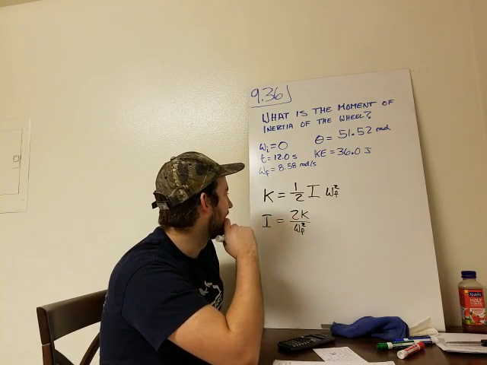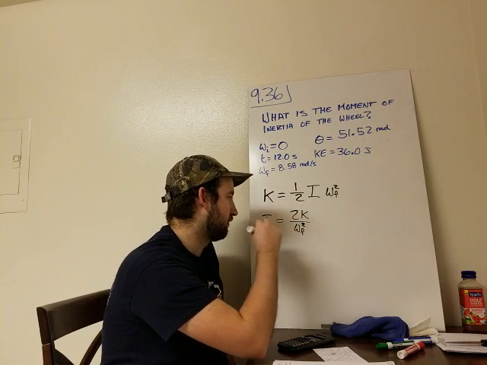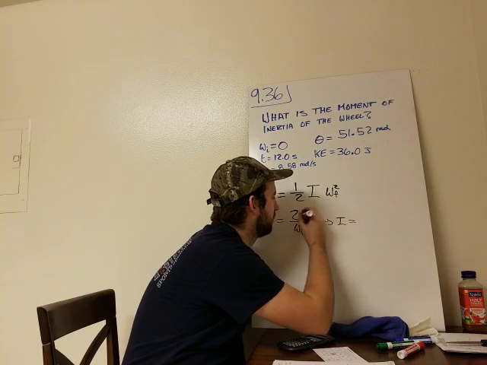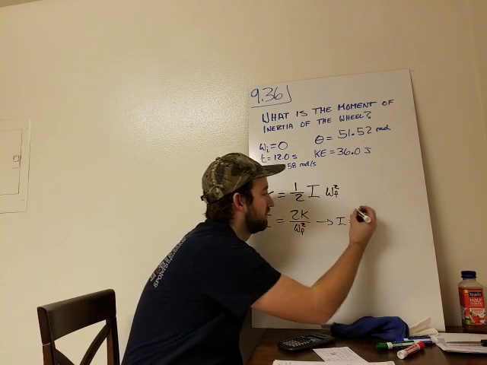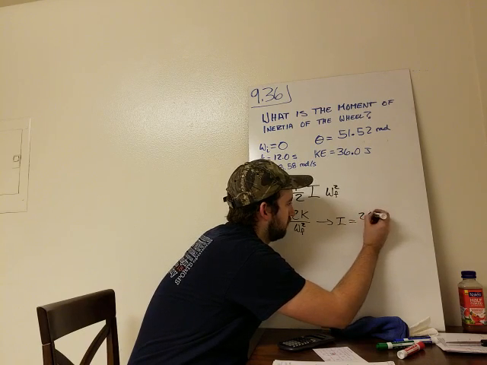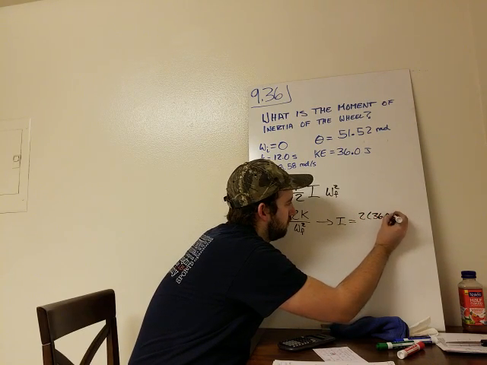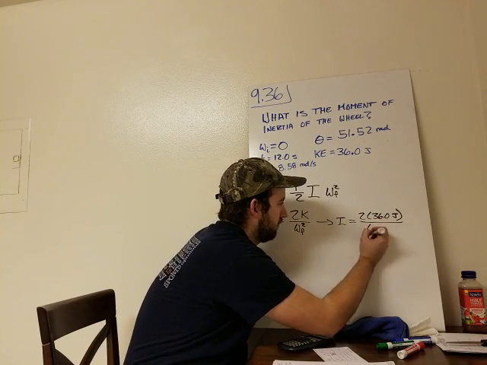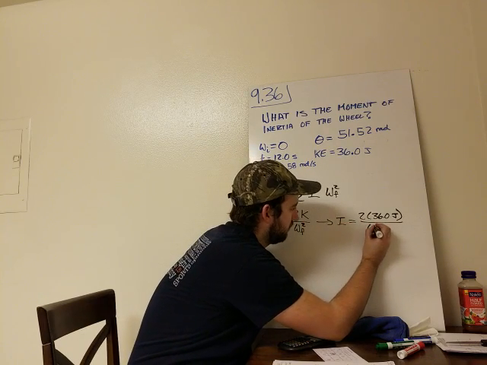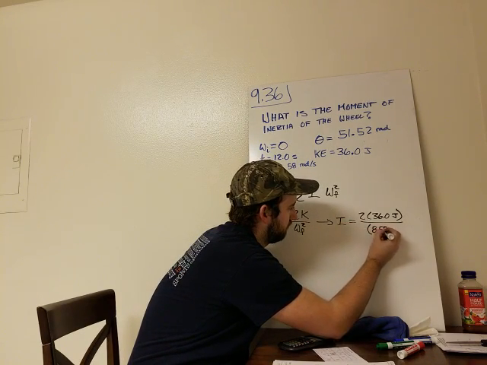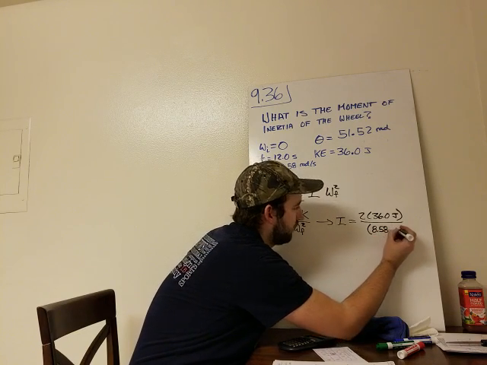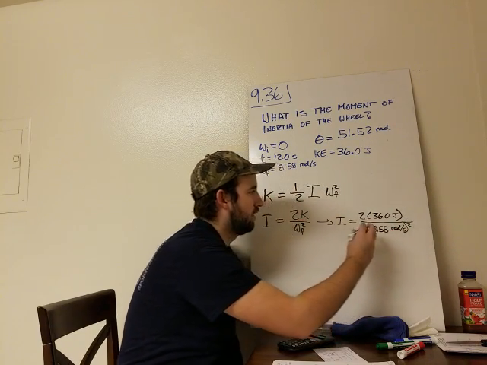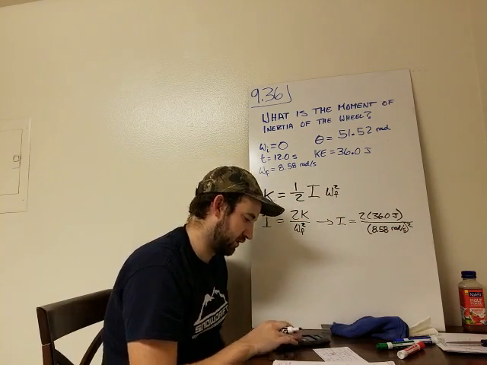Now we just plug in the values. We have values for these, and so I is equal to 2 times K, which is 36 joules, over 8.58 radians per second squared, and throw that in the calculator.